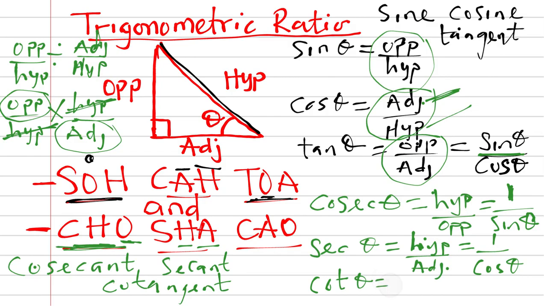And that's adjacent over opposite. Are you seeing that now? And that's the same thing as 1 over tan theta. So these are the few things that we need to know first.